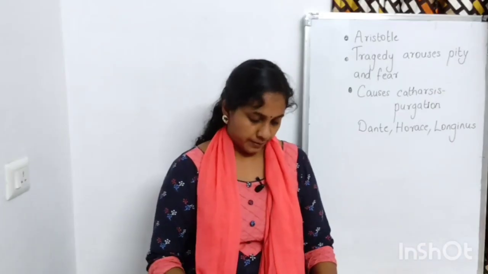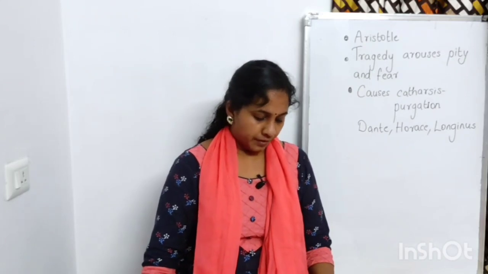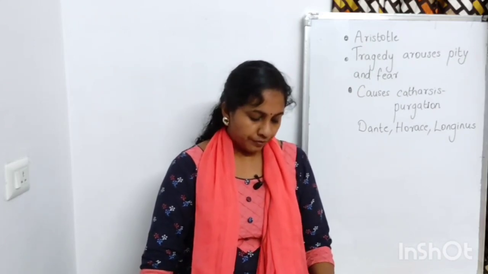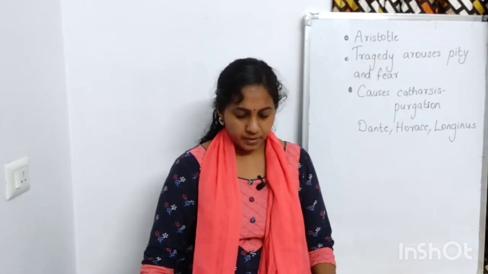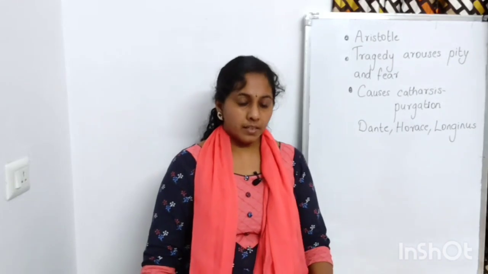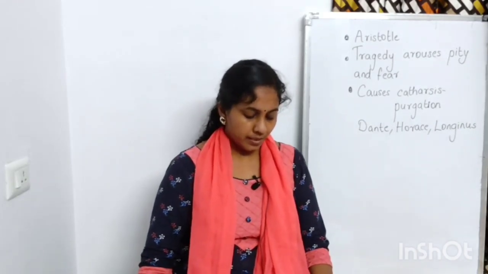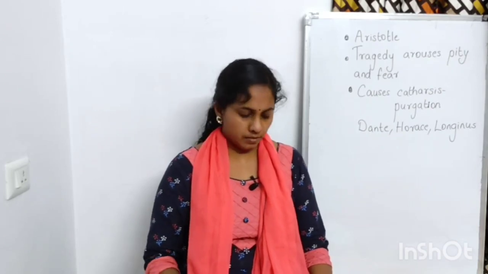According to Aristotle, tragedy arouses pity and fear in the audience through the fate of its protagonist, thereby causing in them a catharsis through these emotions. So what is Aristotle saying? He says that tragedy, we know what tragedy is, it's the opposite of comedy.